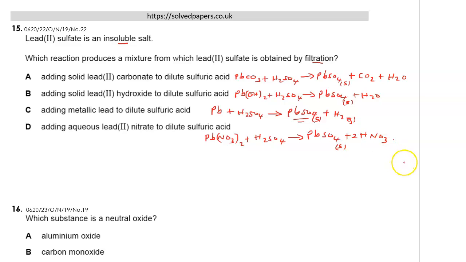So basically here now you have to filter this to get your lead sulfate and get your nitric acid to go through. So you separate these by filtration.